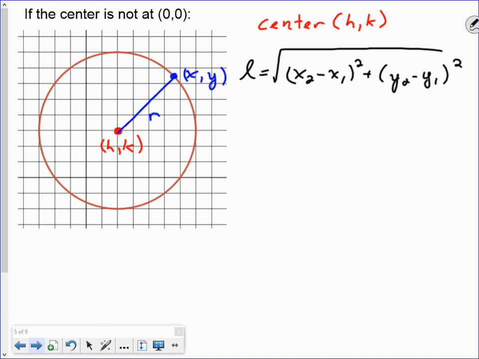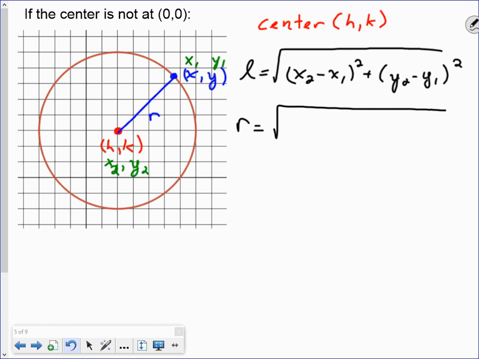And we can sub in what we know. We know that this is going to be x1, y1, x2, y2. And we know that our length has to be r.